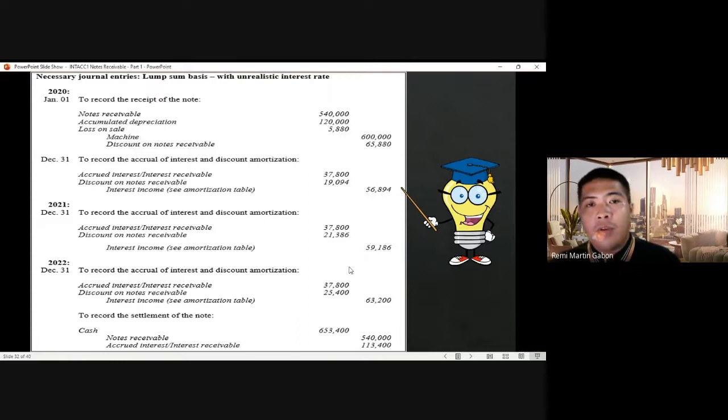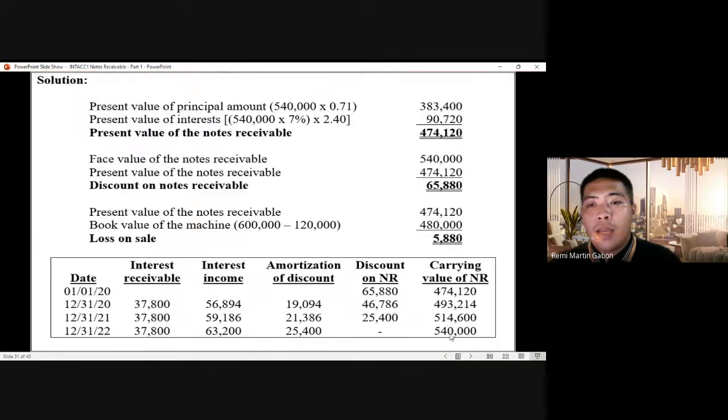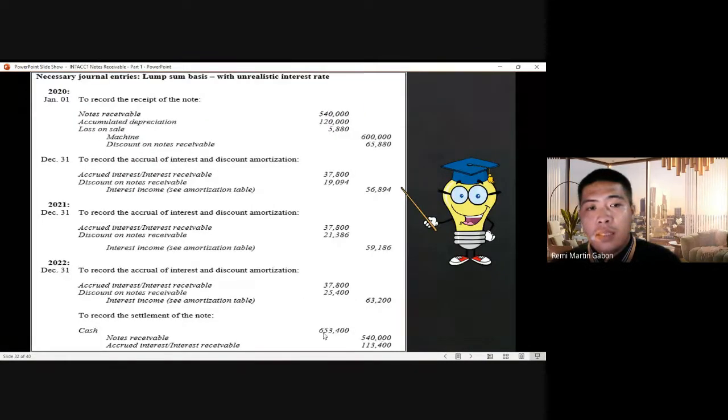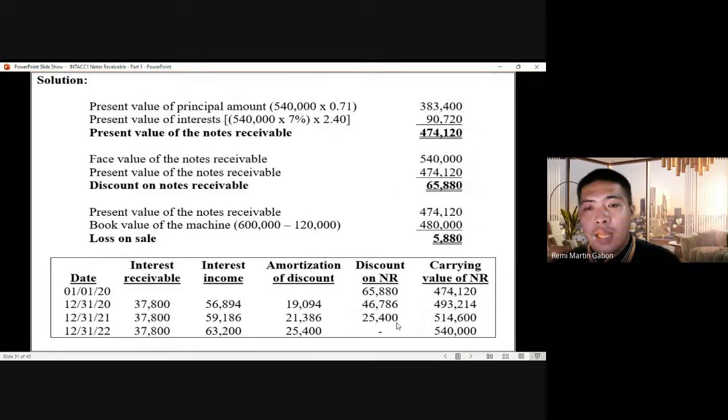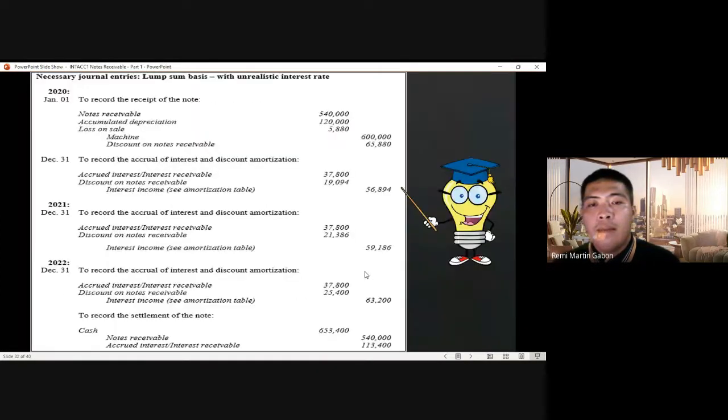So aside from 540,000, what we will receive is also the interest. Take note we realized the 540,000 here, the last column. Then we also journalize the interest receivable. So the total of this plus the 540,000 gives us 653,400.